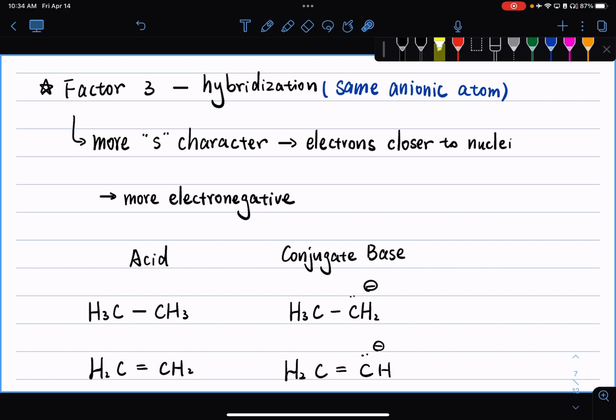If your center atom, in this case carbon, has more s character, it means electrons are located closer to the nucleus. Or the other way to better remember it is if you have more s character in that hybridized atom, that atom is more electronegative. So your sp carbon is more electronegative compared to your sp3 carbon.